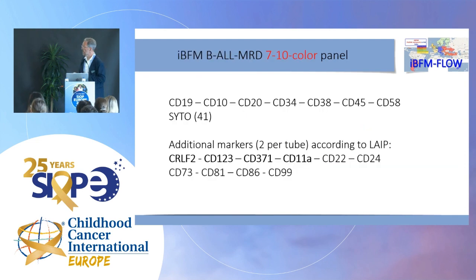We have a backbone of markers which are always there. And then, as said, we select 2 per tube, the light markers, according to the initial diagnostic profile. If it was a hyperdiploid situation, you might select CD123 and CD86, for example. If it's a different leukemia or DUX4 situation, you select others.